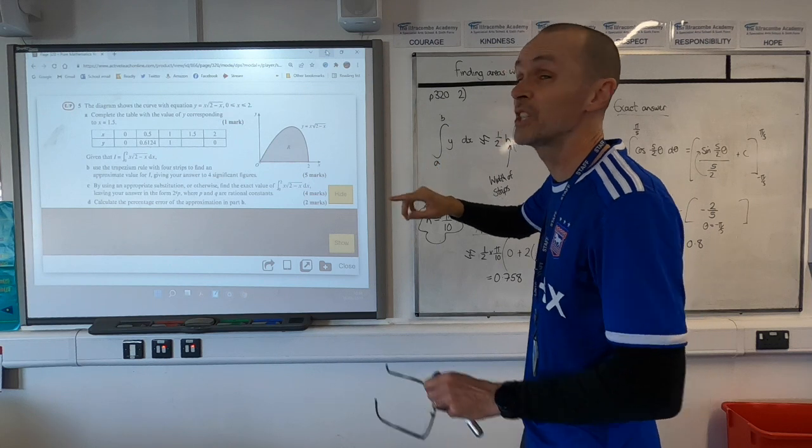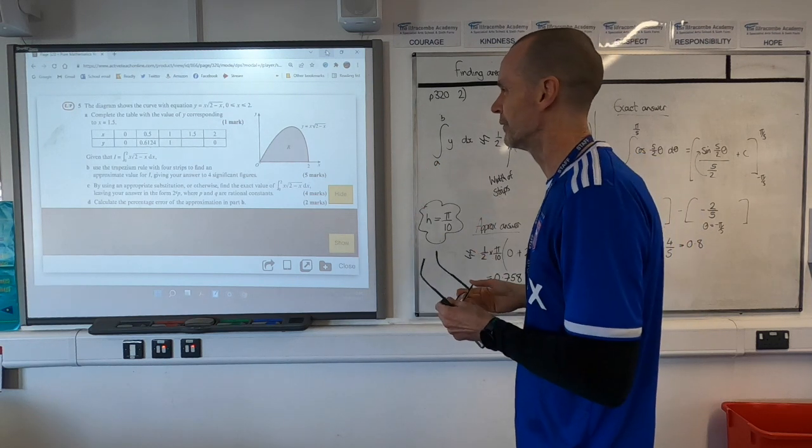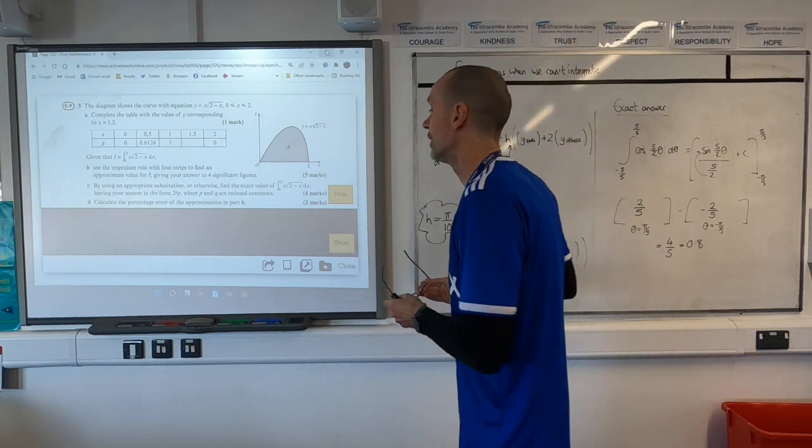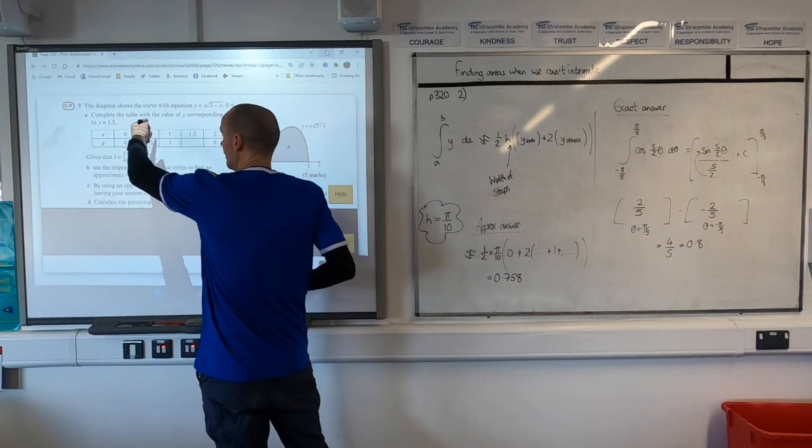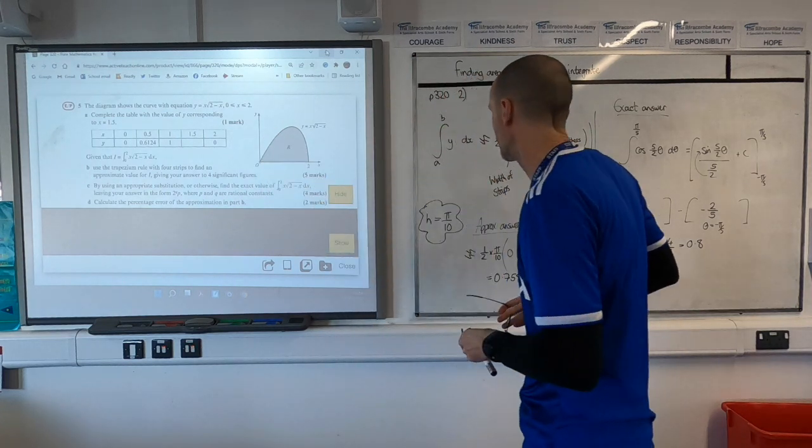We're working to 4 significant figures this time, which is the same in this case as 4 decimal places. It's not always 4 strips, but we've got 4 strips, and this time H is a half. The width of the strips is a half.